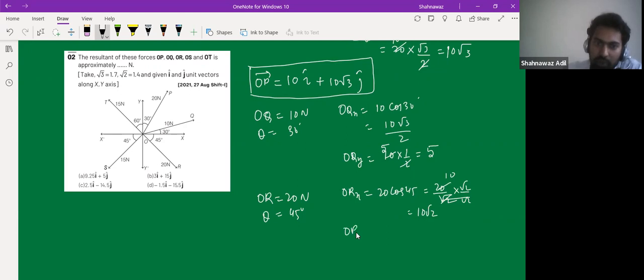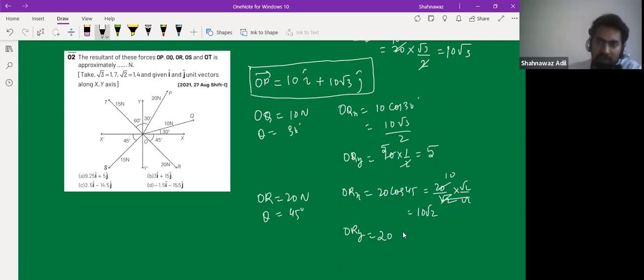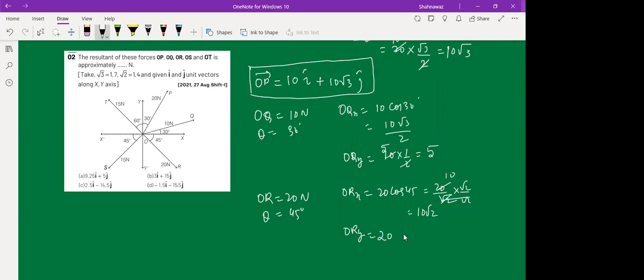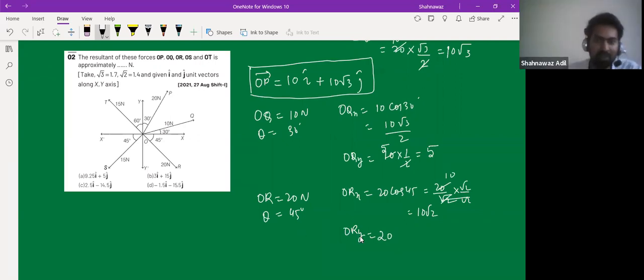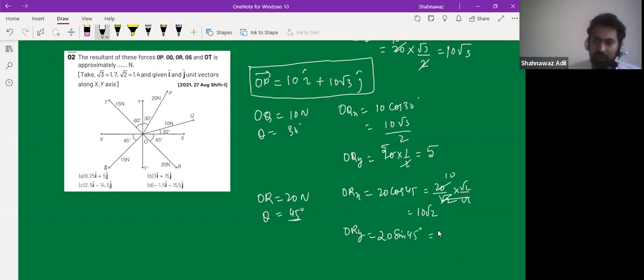And what is ORY? What is the Y component? Y is associated with sine theta. So this is 20 sine 45, so this will be 20 by root 2.